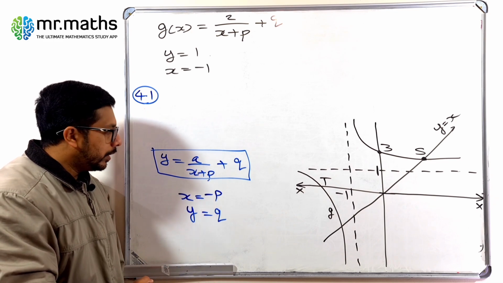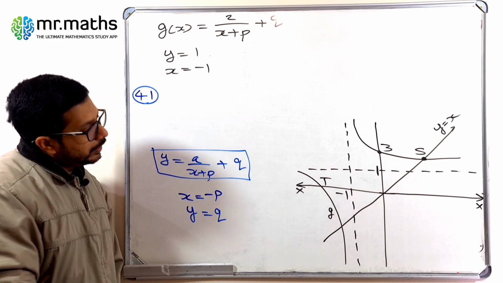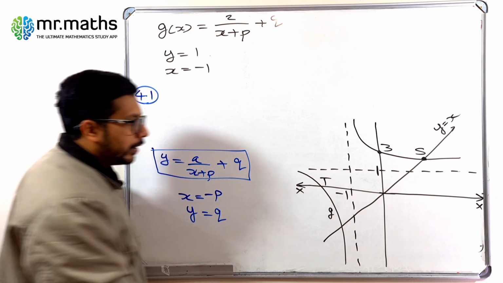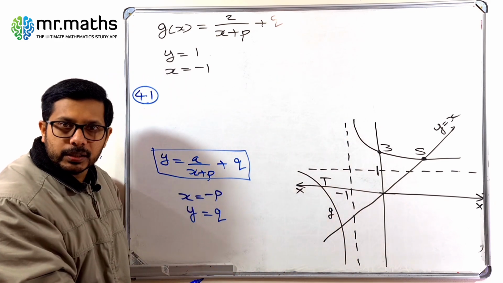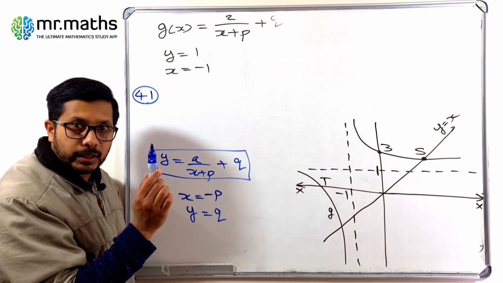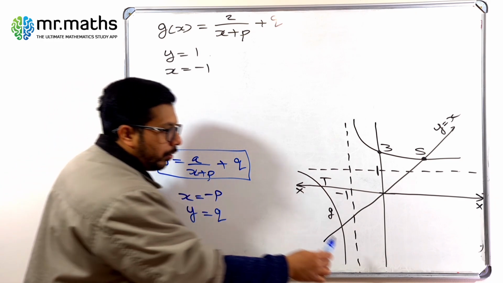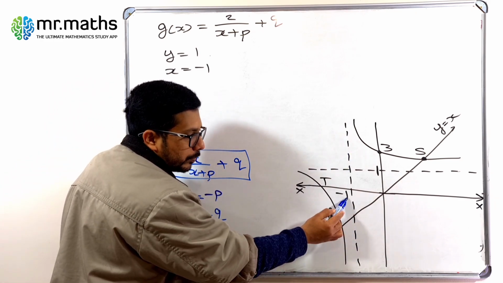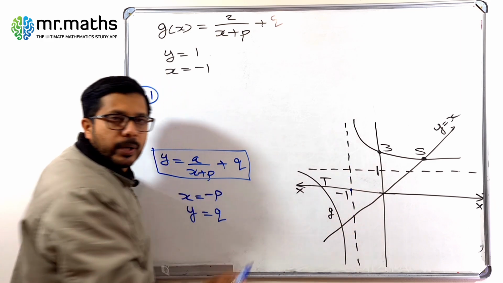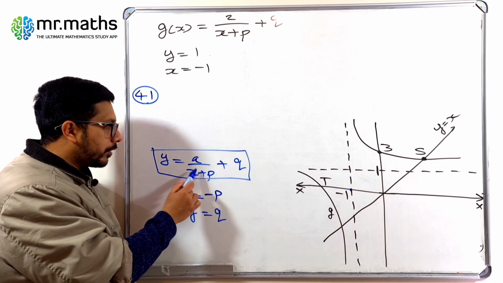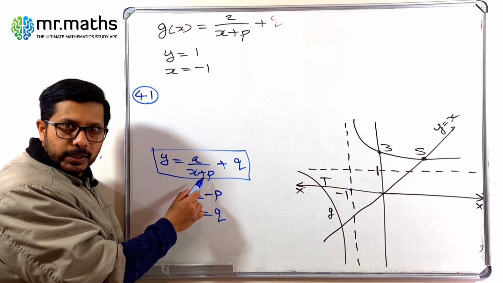Now, in our case, look at this one. On the graph, what is the vertical asymptote? Minus 1. Listen very carefully, don't make a mistake there. This dotted line is the vertical asymptote, and it is minus 1. So here what are we supposed to write? Plus 1.